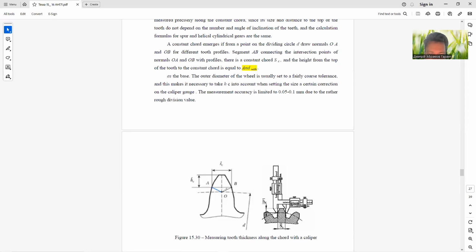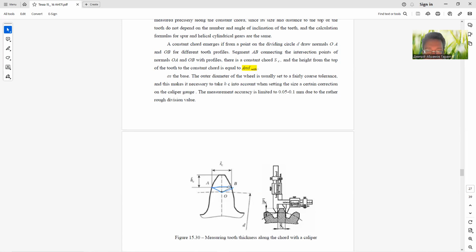OA and OB for different tooth profiles. Segment AB connects the intersection points of normals OA and OB with the profiles.